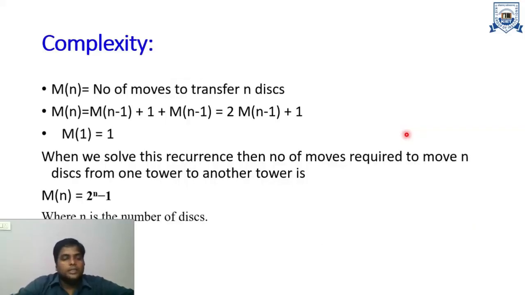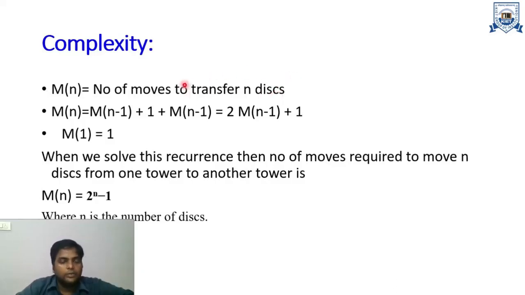Now just see how we can find the number of movements, or we can say the complexity, for the Tower of Hanoi problem. So let's suppose Mn is the number of moves to transfer n disks from one tower to another tower.